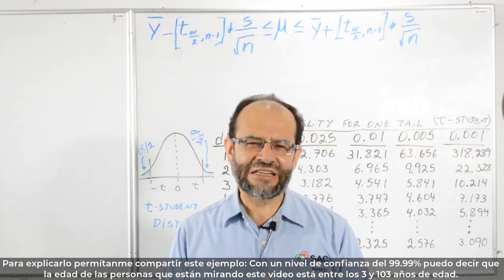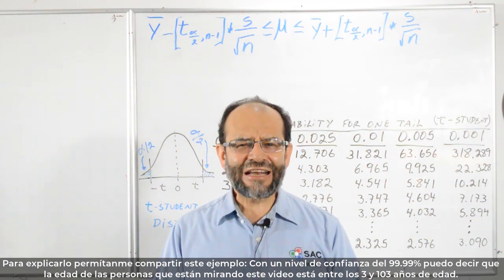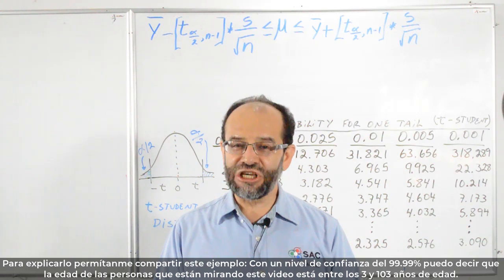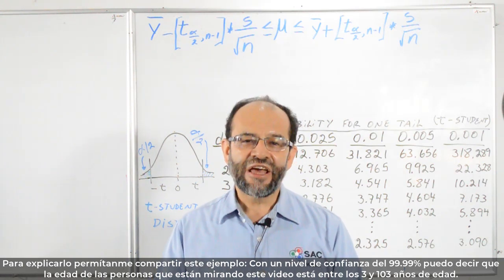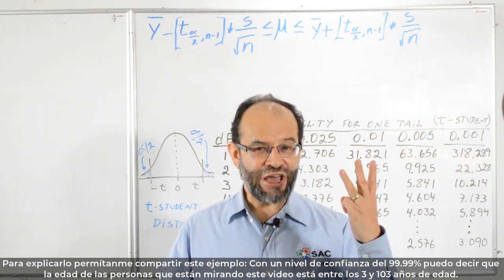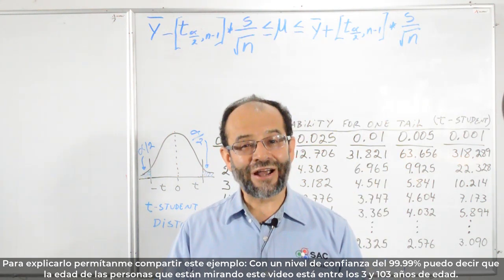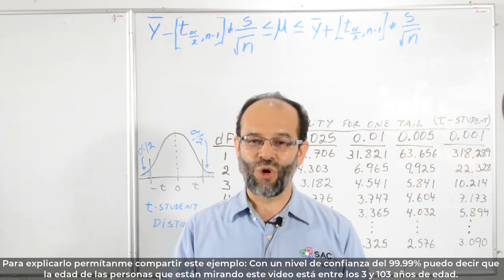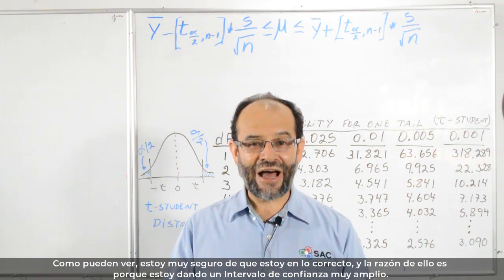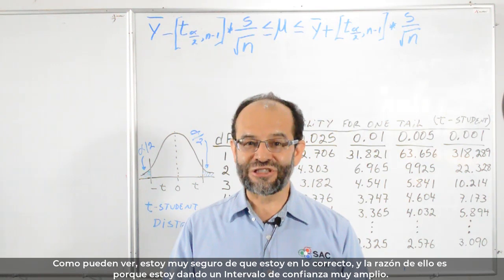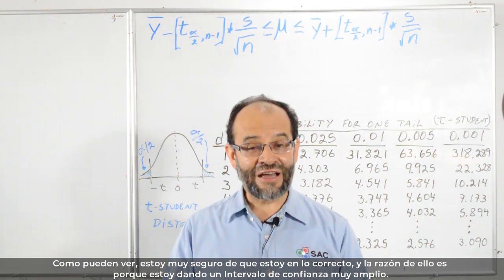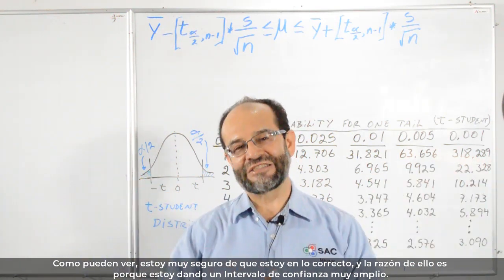With 99.99% confidence level, I can state that the age of the persons that are watching this video is between 3 years old and 103 years old. As you can see, I am very confident that I am right, and the reason is that I am providing a very wide confidence interval.